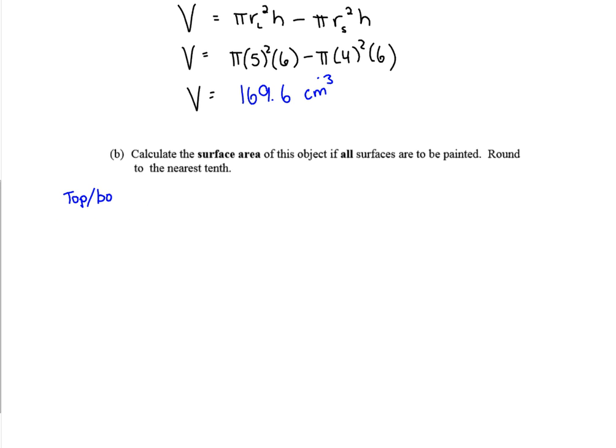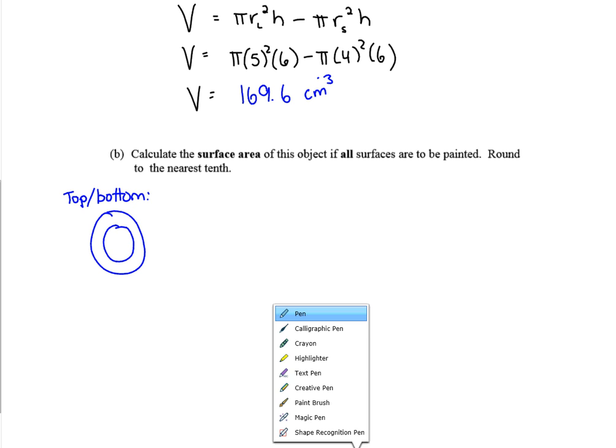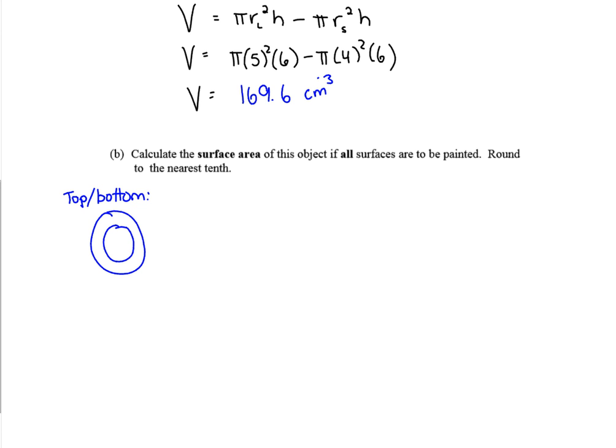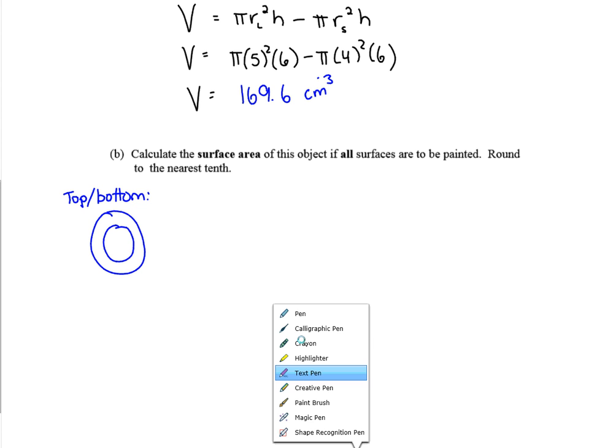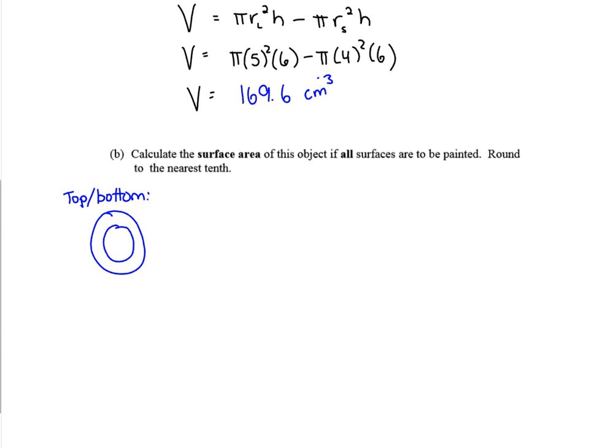Top and bottom view looks like a circle and then a circle inside, right? And we want, what do we want? The area of which part? We need to find the big and the small, because what we really want is the yellow there, so we need to subtract them. And then, once I find one, is it the same in the bottom?